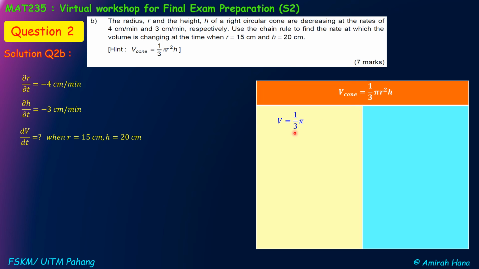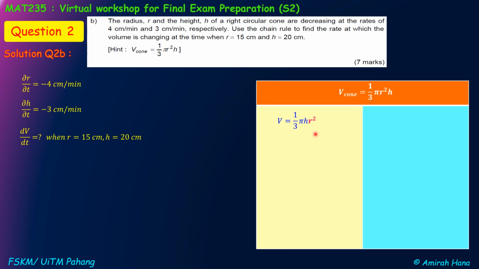When we differentiate with respect to r, we treat r as a variable, and at the same time we treat h as a constant. Since now we treat h as a constant, I put h beside all these constants.